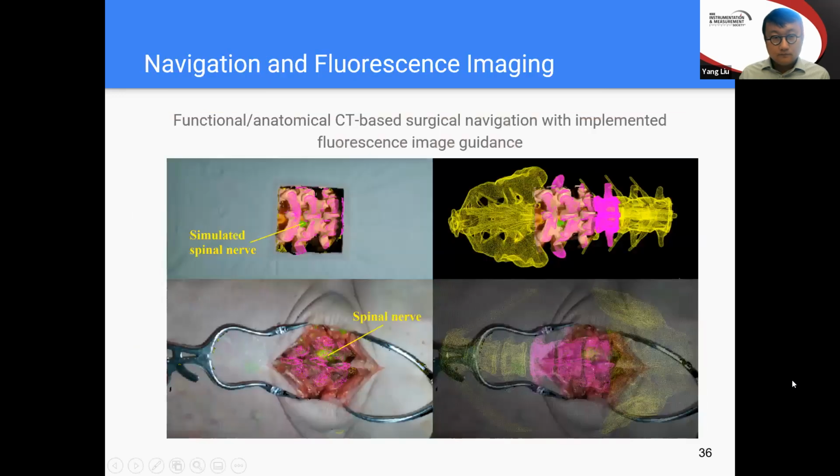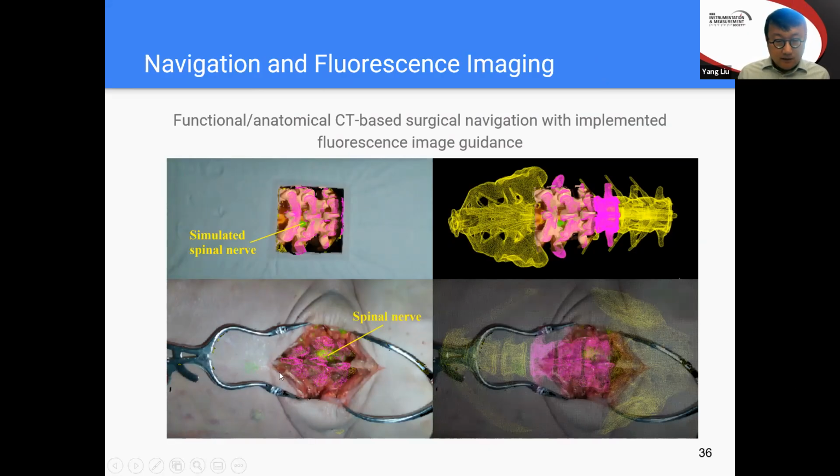Having demonstrated the application of the system in cranial applications, we have also applied that to other applications such as spinal applications. Here on the bottom, you can see that the system has been used in cadavers. We have spinal nerves that are fluorescent labeled. We also have vertebral bodies.